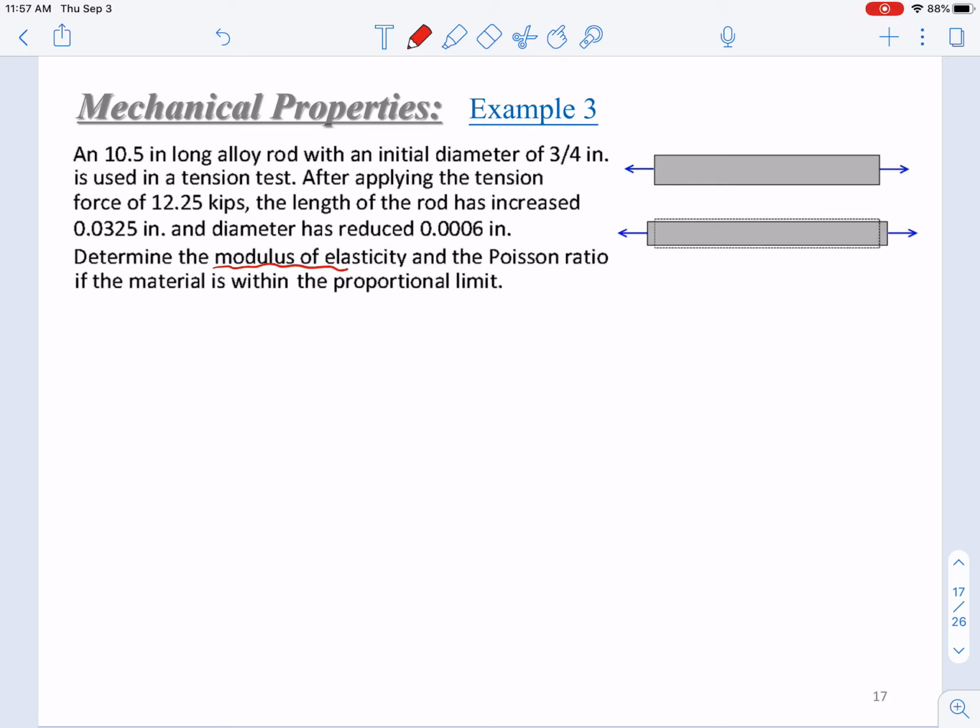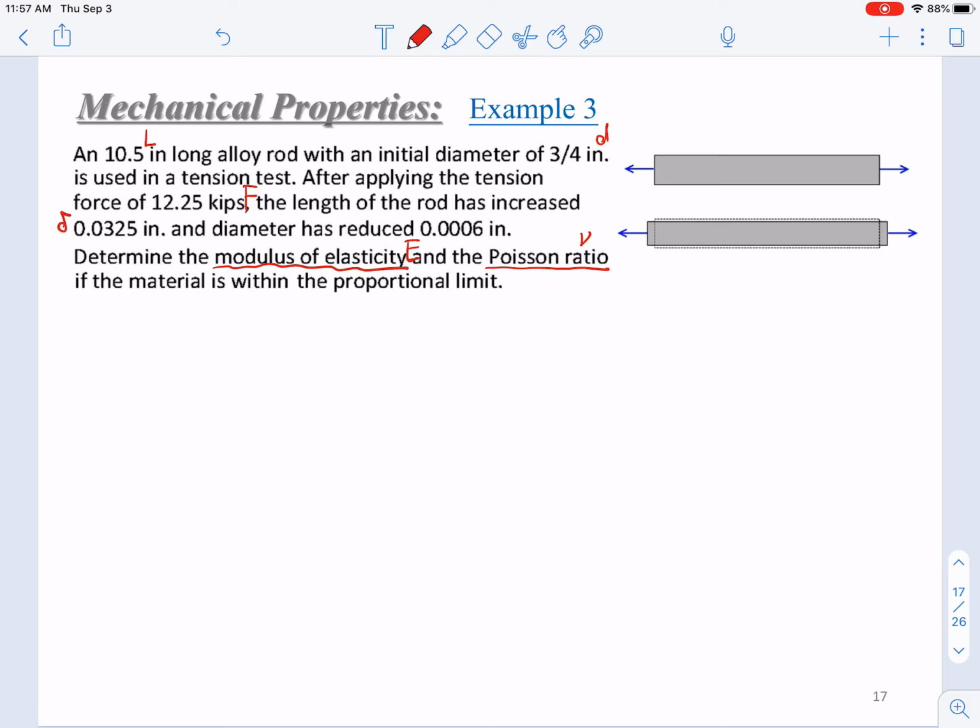Determine the modulus of elasticity, right? That is the E. Determine the Poisson ratio, that is our nu. What we have known: the load has been given, this is the F. Initial length is the L. Diameter is here, and the length had increased, that is the delta L. Delta has been given, and the diameter has reduced.